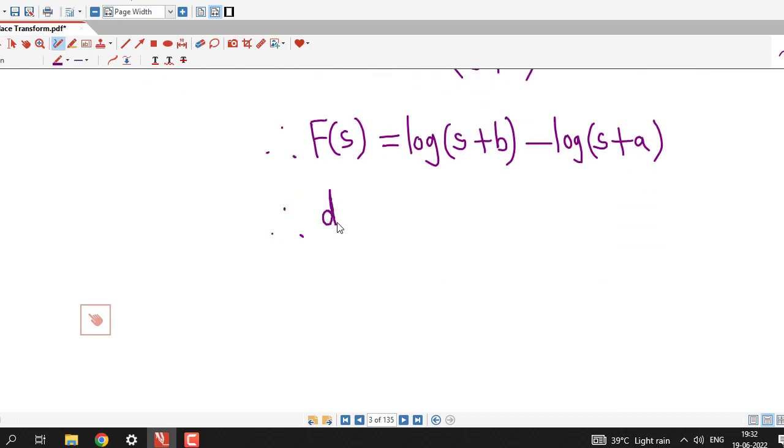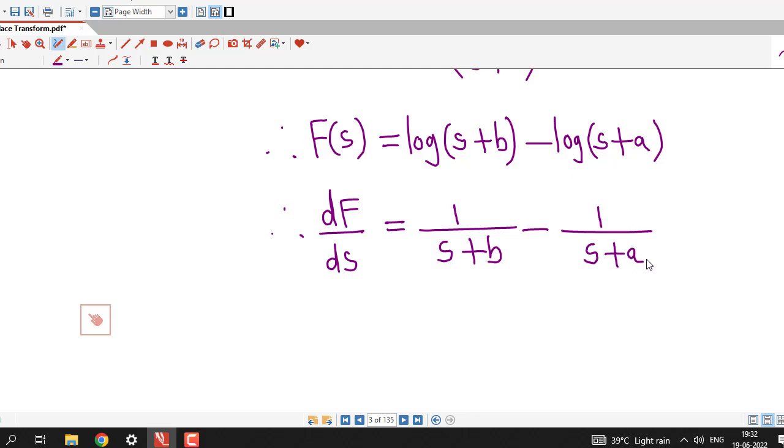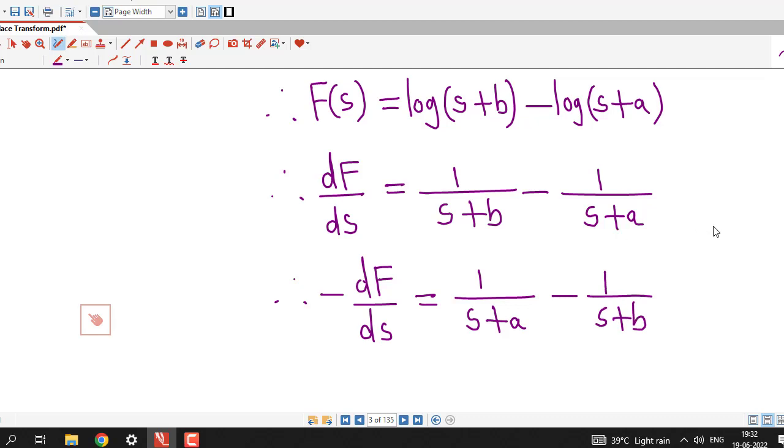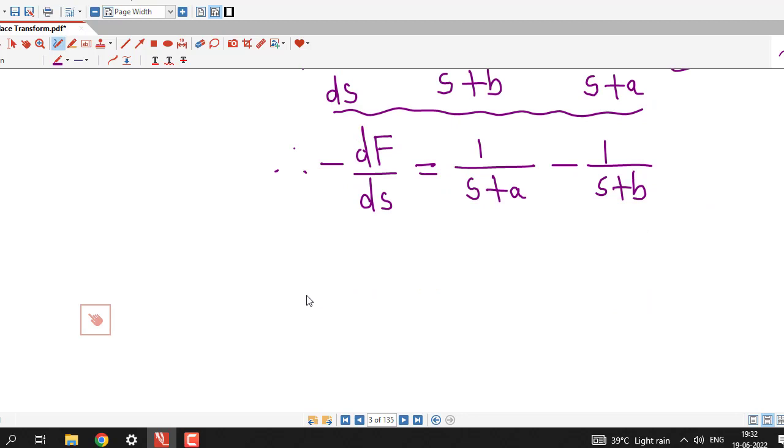Next step is to take the derivative on both sides with respect to s. Here the derivative is 1 divided by (s plus b), and the derivative of log of (s plus a) is 1 divided by (s plus a). Now we multiply both sides by negative 1, so this we can rewrite as 1 divided by (s plus a) minus 1 divided by (s plus b). Now we take the inverse Laplace transform on both sides.